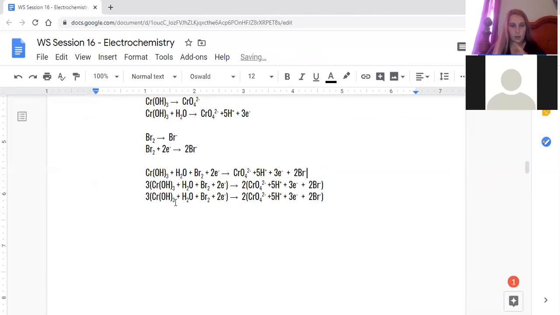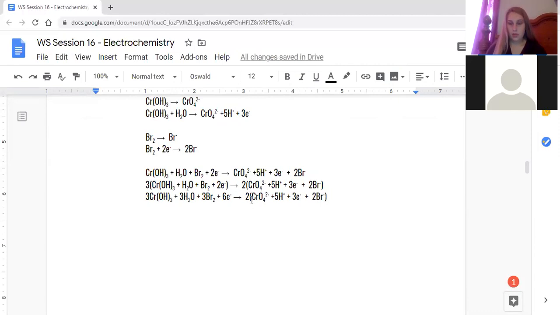Okay, so when you do this, you multiply everything by 3 over here. So you have 3 Cr(OH)3, and you have 3 H2O, and 3 Br2, and 6 e minus. And then you've multiplied everything out here.